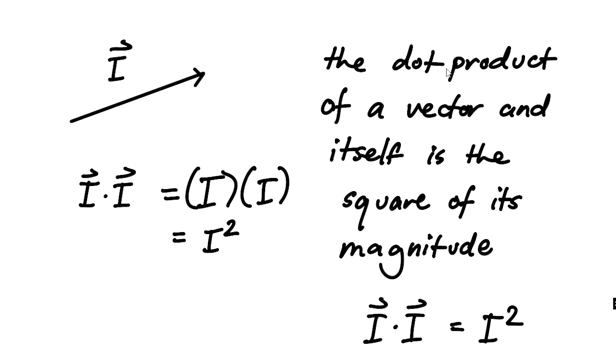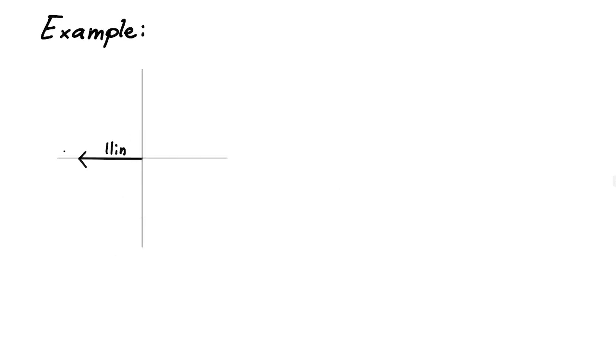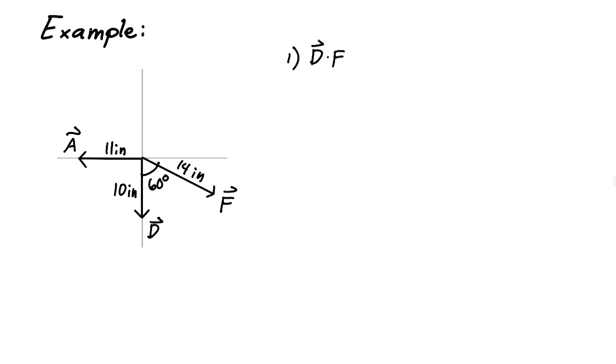So now let's apply yung mga na-learn natin about dot products to some examples. Okay, let's look at this example here. You have vector A, tapos you have vector D, and then finally you have vector F. So number one, let's try to solve for dot product of D and F. Again, from our equation, you simply multiply magnitude ni D times magnitude ni F, cosine the angle between them.